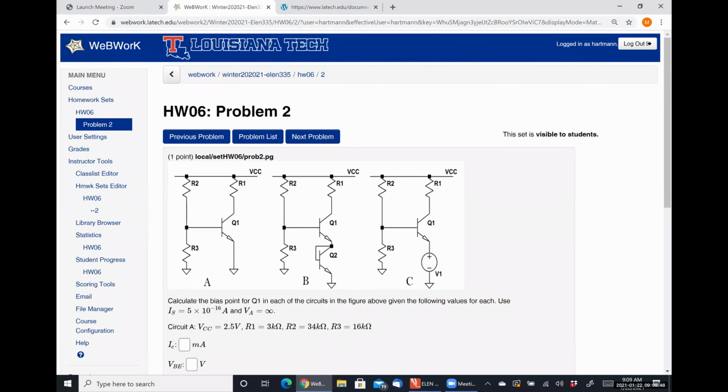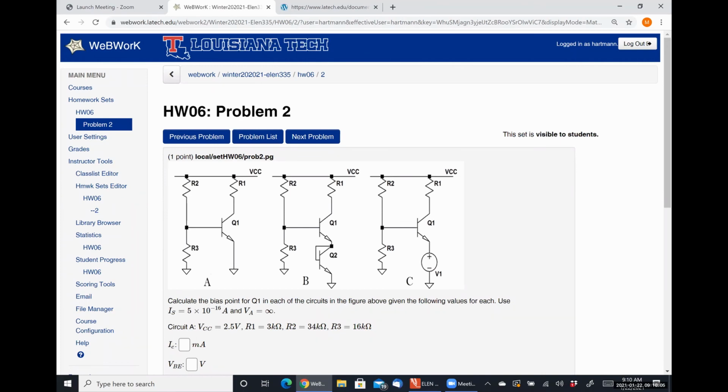Part A is a resistive divider circuit, pretty straightforward. Part B is also a resistive divider circuit, but we are effectively degenerating it by putting another transistor there.